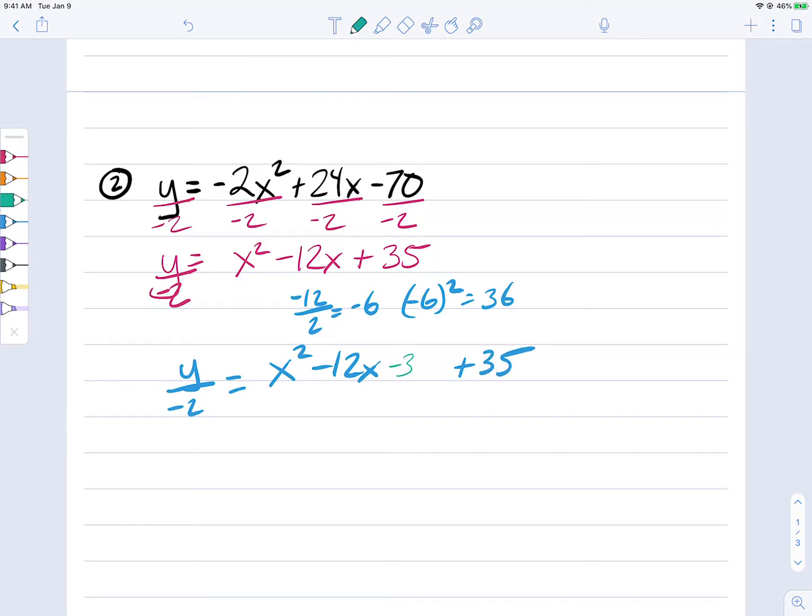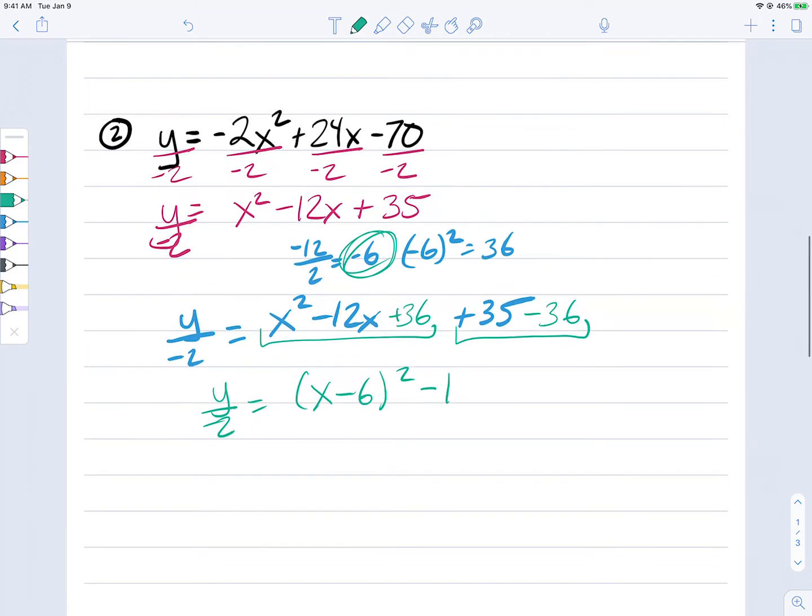So if I add 36 here and subtract 36 there, I'm going to get y over negative 2 equals... Now our first two terms should be a trinomial square. Don't forget that number is our key number. So we have x minus 6 squared. And then 35 minus 36 is negative 1.